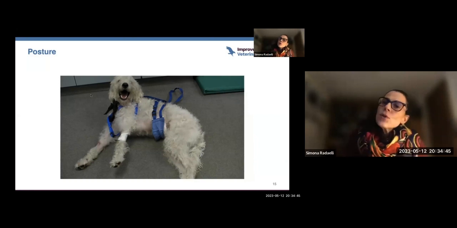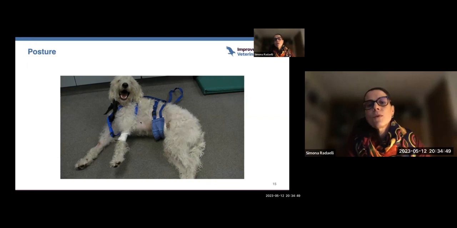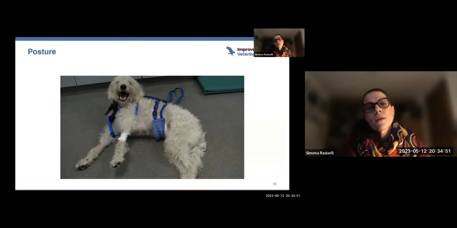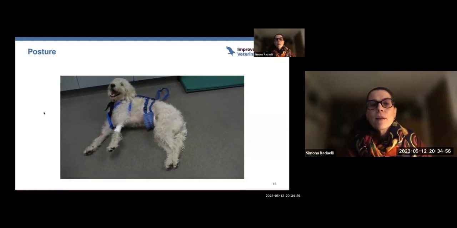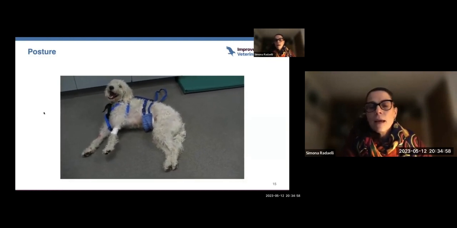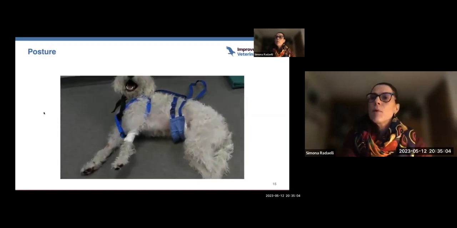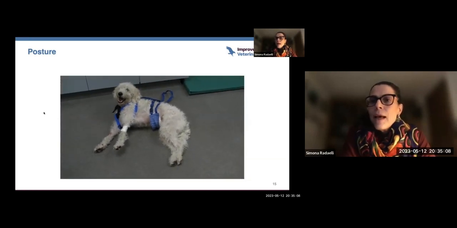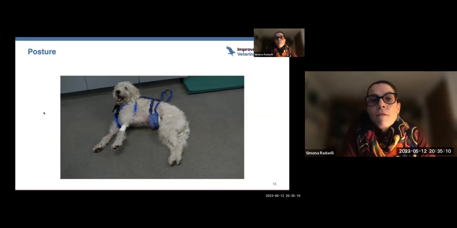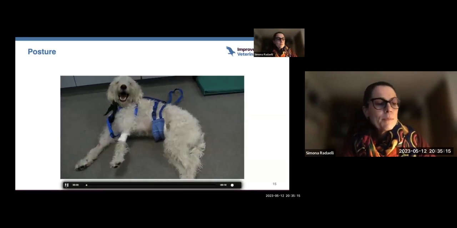Posture is very important. I wanted to show you this because it was quite an interesting case. So this dog was running happily in the park. All of a sudden, he yelped and fell on the floor, and the owner picked him up like this and took him to the vet. So we have seen him a couple of hours later. The dog is non-ambulatory, and at first sight, it might look like the disease is affecting the four limbs.